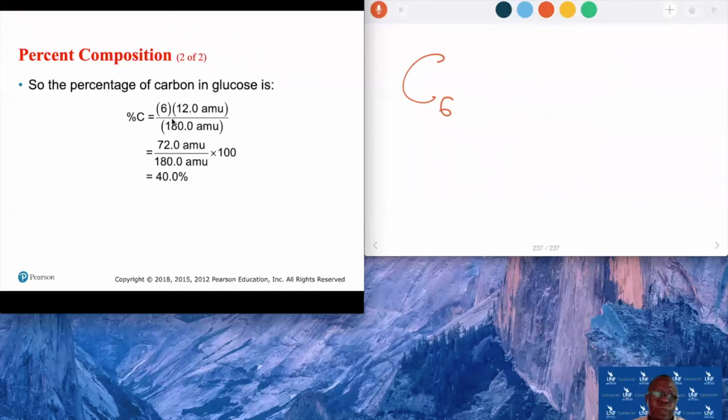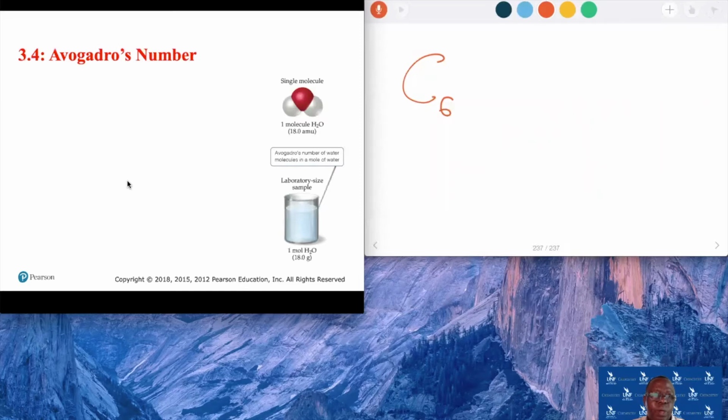Therefore, this is the formula weight for glucose, 180.0 AMU. There are 6 carbon atoms in glucose, and this is the mass percent of oxygen. So we are looking for only oxygen.